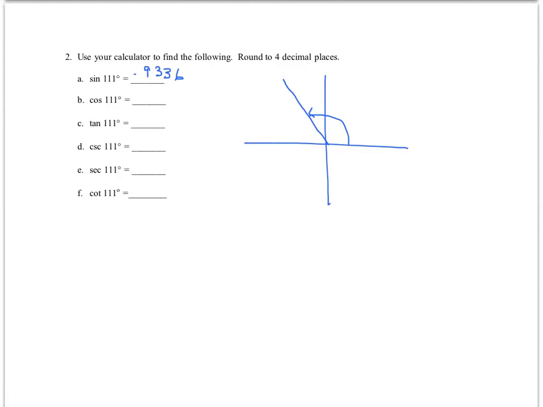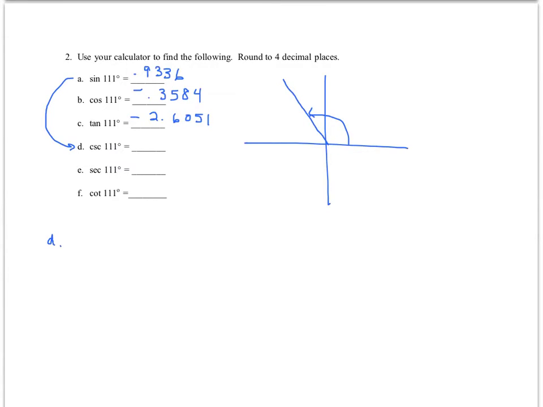The cosine is negative 0.3584. The tangent is negative 2.6051.